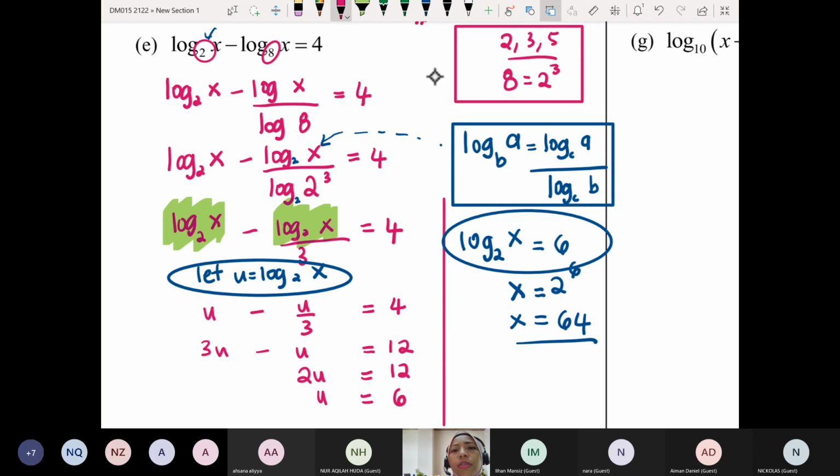Ini adalah untuk this one. Okay, I really hope it become crystal clear to you. I rasa yang paling susah pun soalan macam type macam ni lah. Sebab apa kata ini yang paling susah? Sebab base dia tak sama.